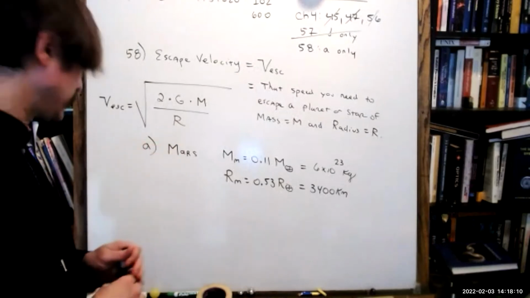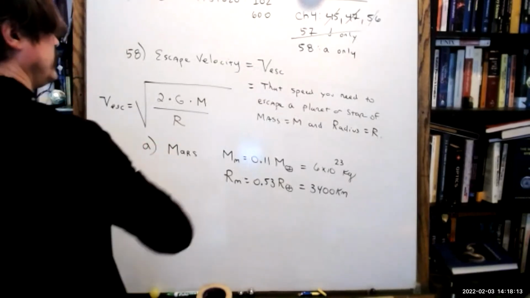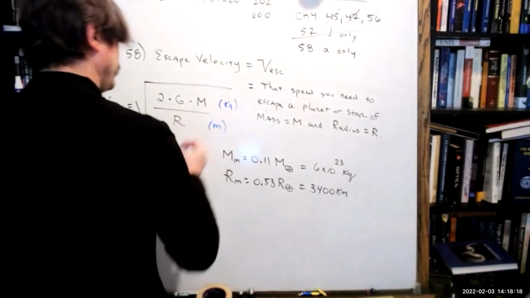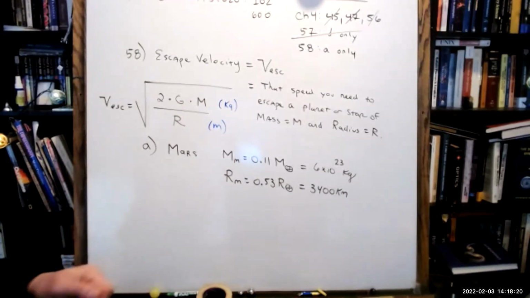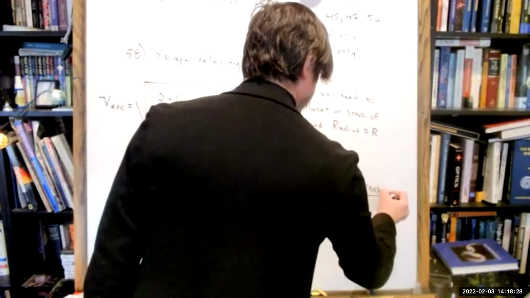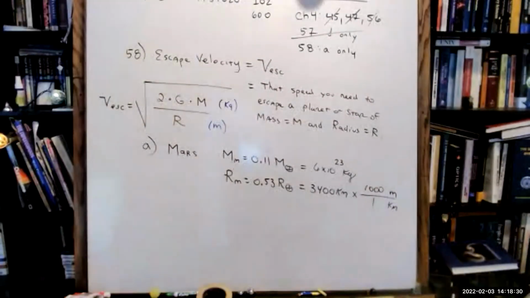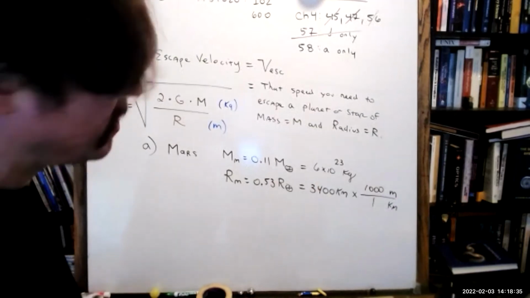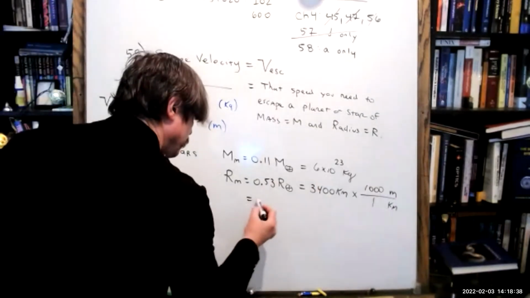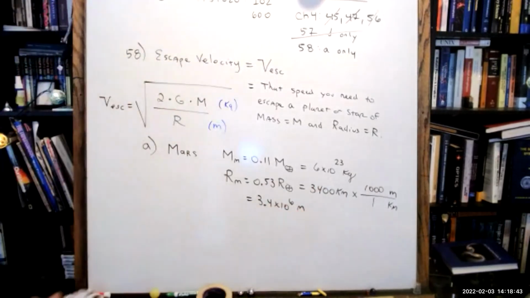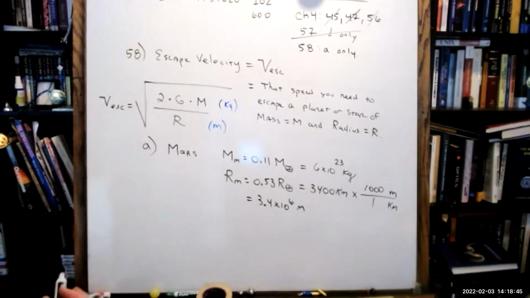We've got to convert the kilometers to meters. In the escape velocity formula, masses are in kilograms and radii are in meters. It's kilometers on bottom, meters on top, since there's 1,000 meters per kilometer. That gives us 3.4 million meters for the radius of Mars.